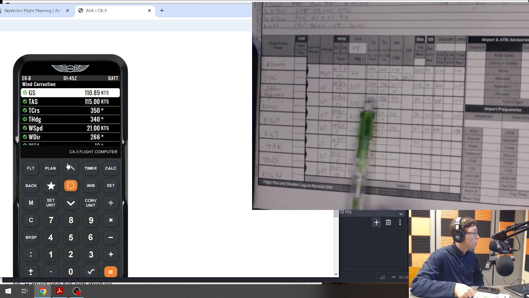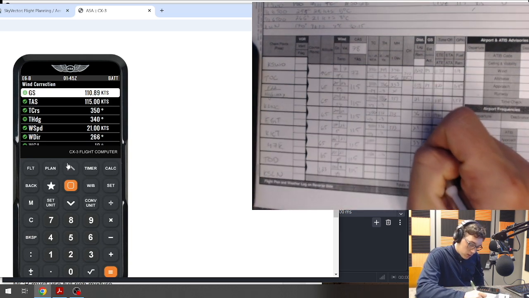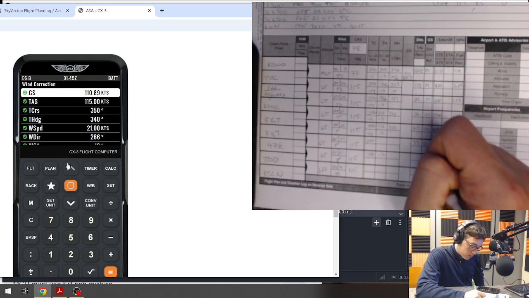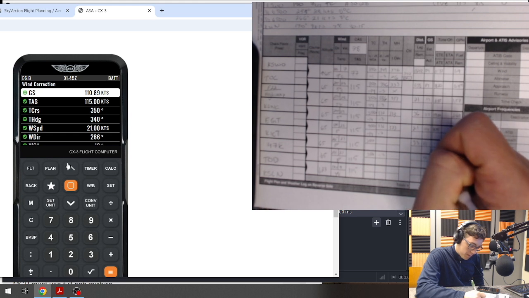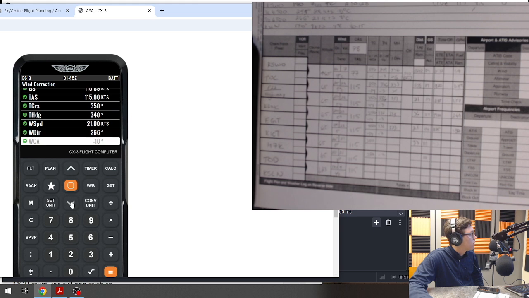Ground speed is going to be, we'll round that to 111. Ground speed, 111. My wind correction angle, let's look. -10.